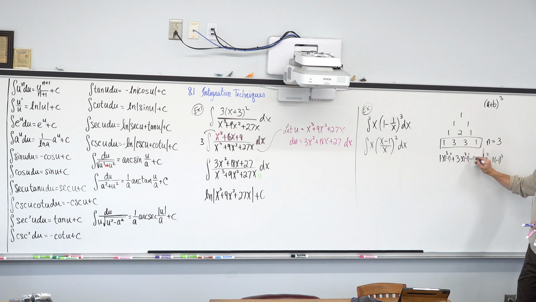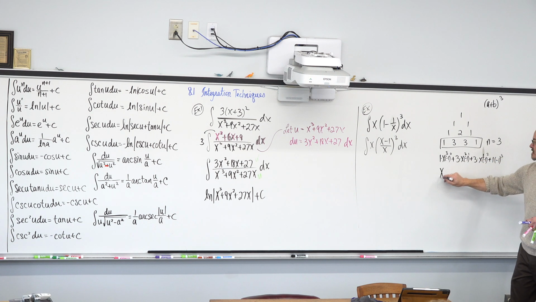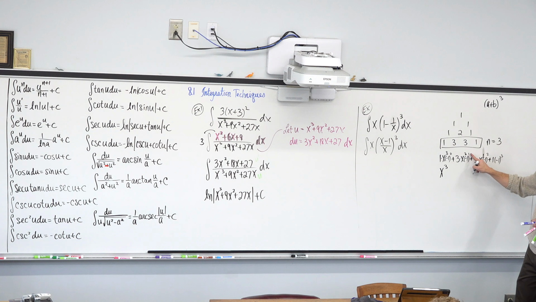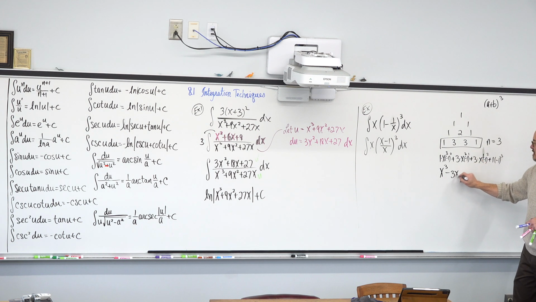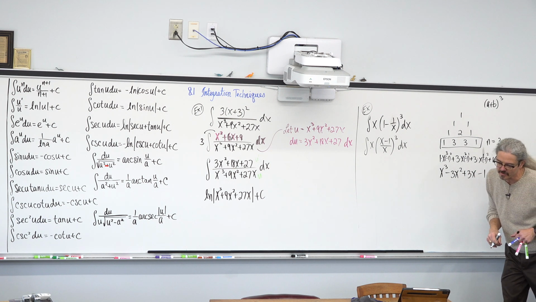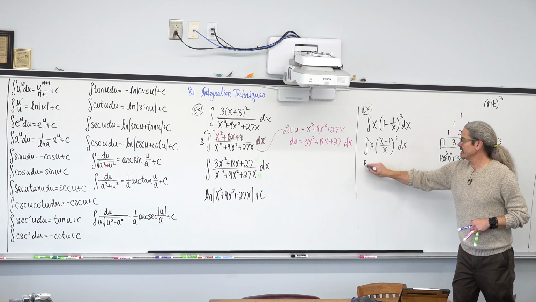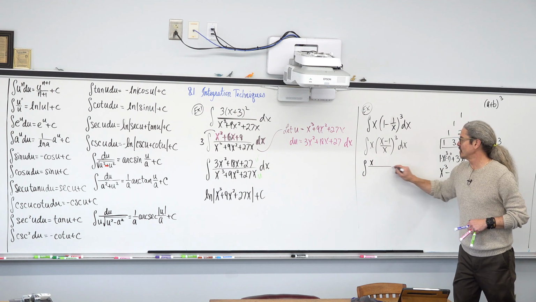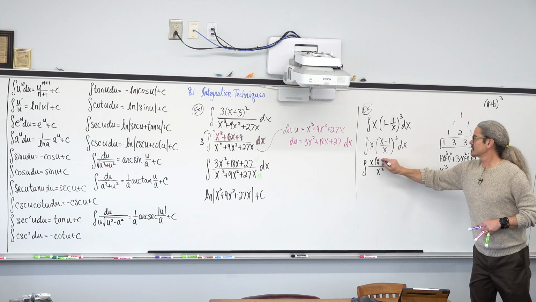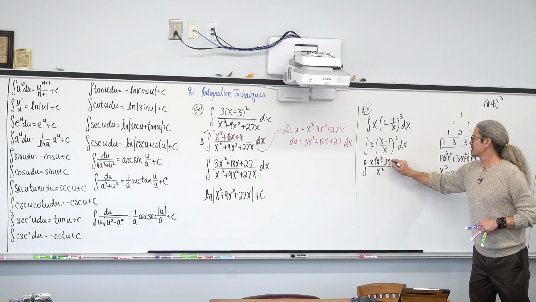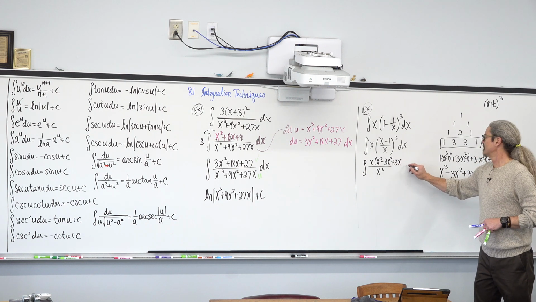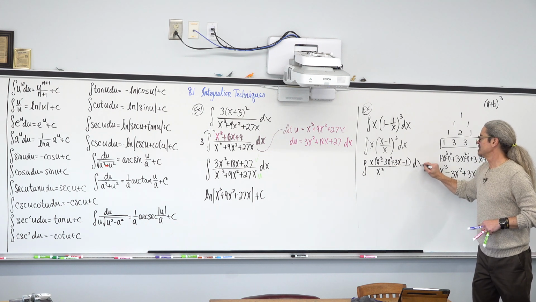We're adding these together. So we have x cubed, -1 to the first is -1, so minus 3x squared. -1 squared is positive, so we have a plus 3x. And then -1 cubed is -1. Let me double check that. Yeah. So we have an indefinite integral of x over x cubed times x cubed minus 3x squared plus 3x minus 1 dx.